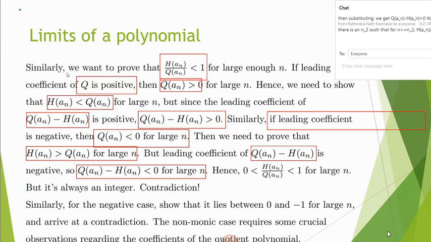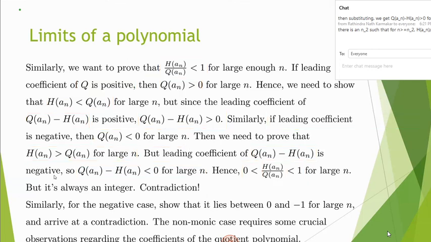But in the previous slide, we showed that for large n, h of n by q of n is greater than 0 also. So we get two inequalities: h of n by q of n is less than 1 and greater than 0 for large n. But in the first slide of this solution, we made an assumption. What did we assume?